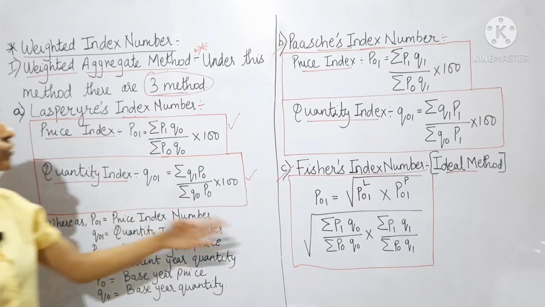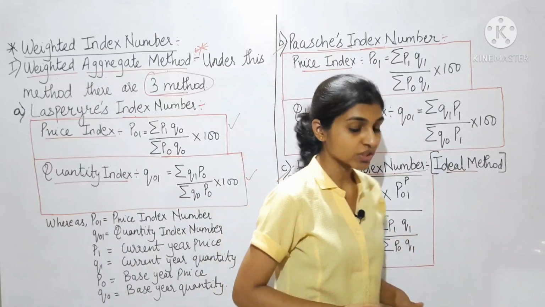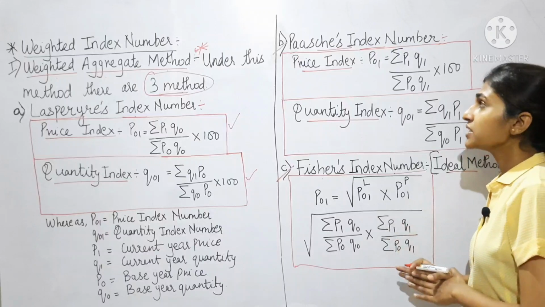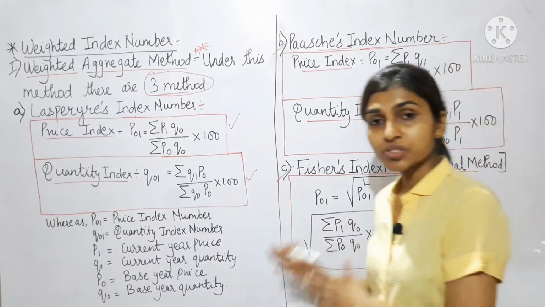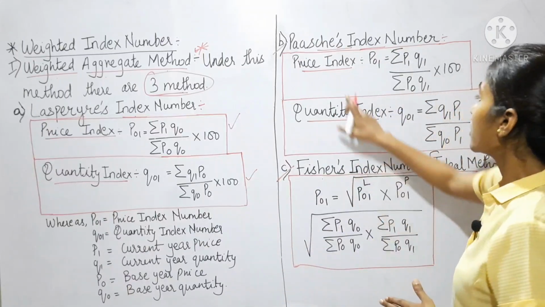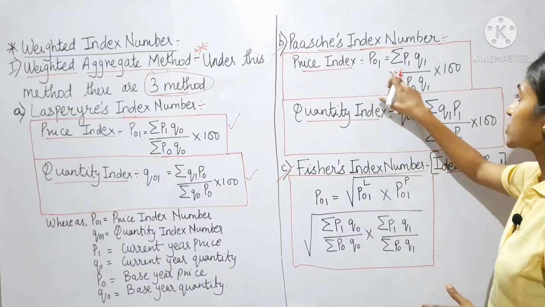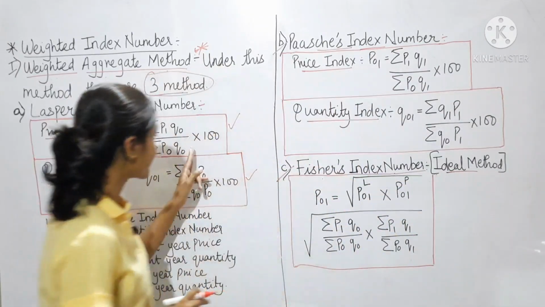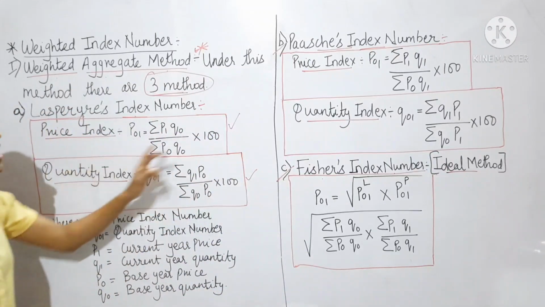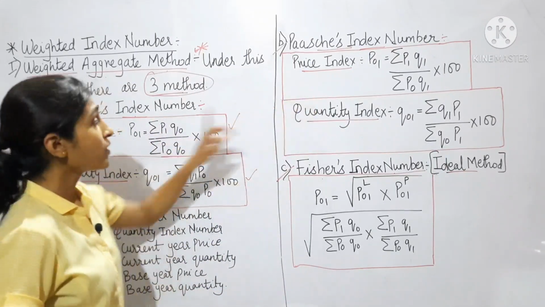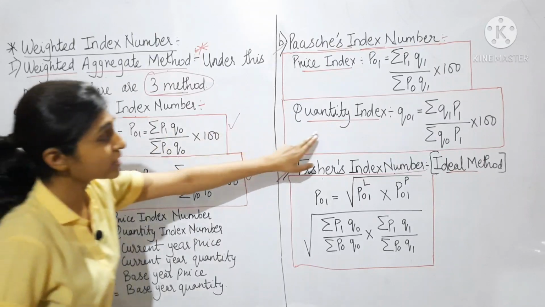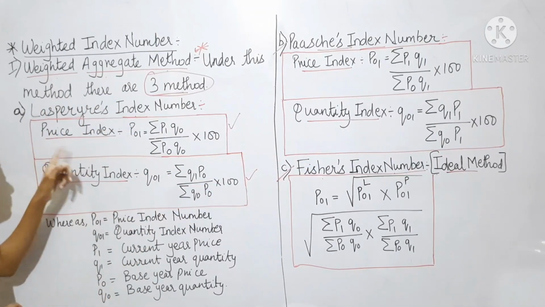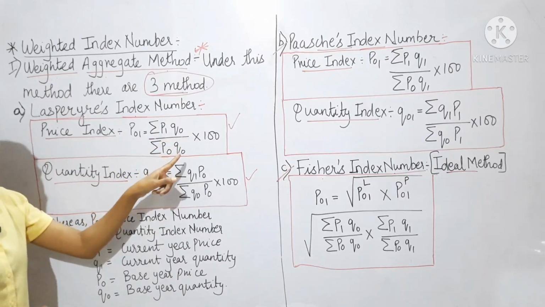Now let's move to the next method, that is Paasche's index number. The formula to find the price index number by Paasche's index number is P01 equals summation of P1 Q1. See, there is a difference between Laspeyres and Paasche's, for price index number as well as for quantity. Do not get confused. For Laspeyres, P1 Q0 is there.